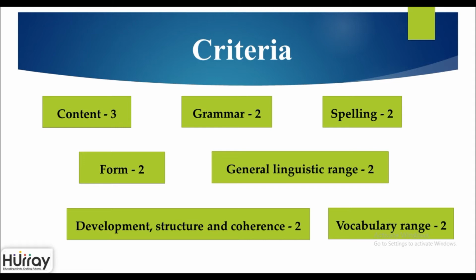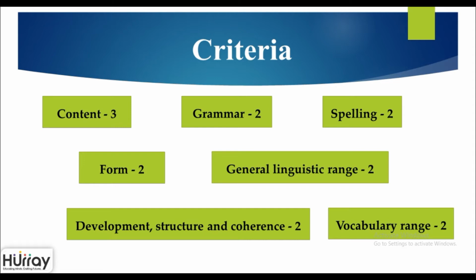The next criteria is extremely important, that is grammar. This consists of everything from tenses to articles, prepositions, nouns, pronouns, adjectives, etc. Most importantly, you must make sure that your sentence structures are correct.